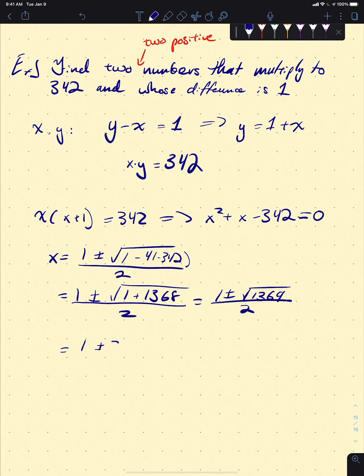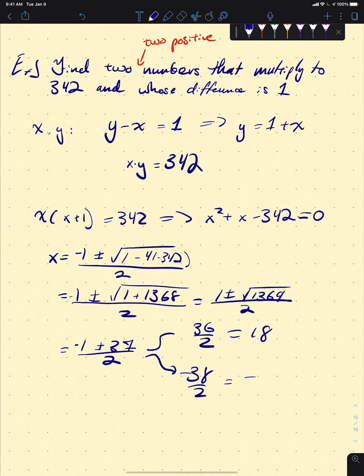So x is 1 plus or minus 37 over 2. I did just realize that we need a negative 1, because we have negative b plus or minus. This will break up into two cases. One where we're doing negative 1 plus 37, which gives me 36 over 2, and then negative 1 minus 37, or negative 38 over 2. 36 over 2 is 18, and the second case is negative 19.